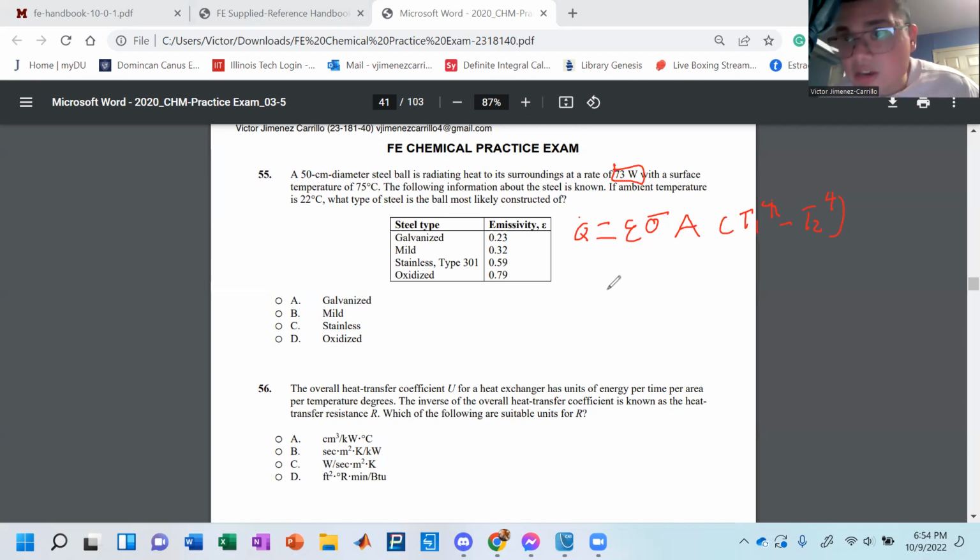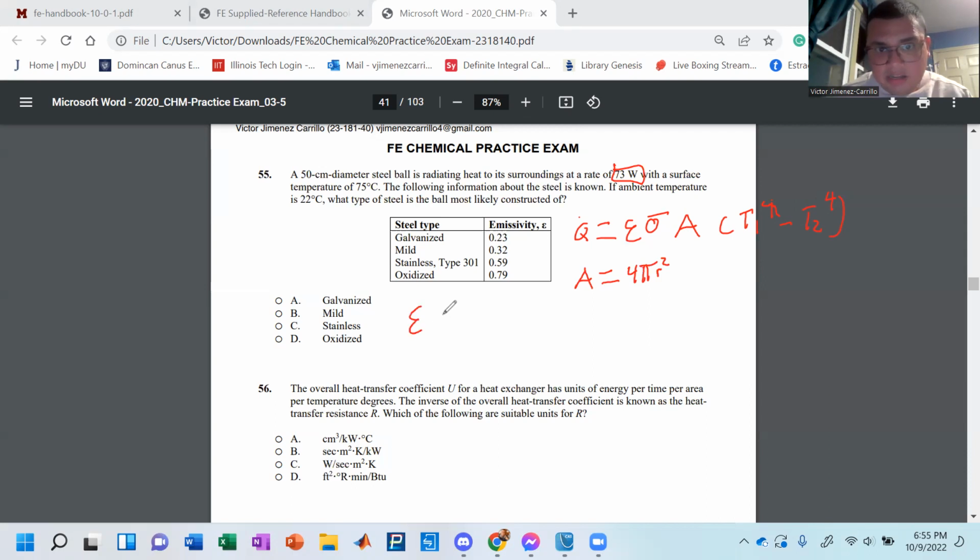A is area. Area of a ball can be described with area of any sphere, which is 4 pi r squared. And in this T1 minus T2, both to the power 4, you have to turn everything into Kelvin. If not, it doesn't work.